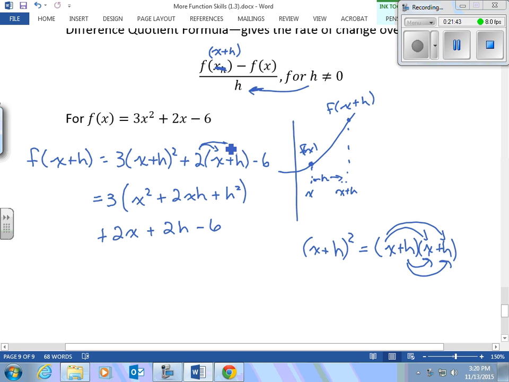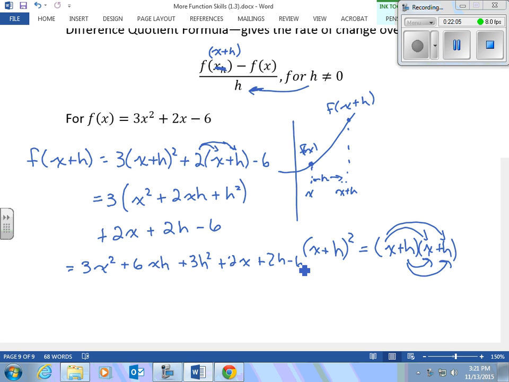So let's multiply through all those brackets here. So I've got 3x squared plus 6xh plus 3h squared plus 2x plus 2h minus 6, which looks like a really nasty mess.